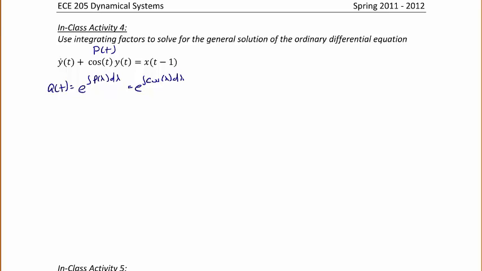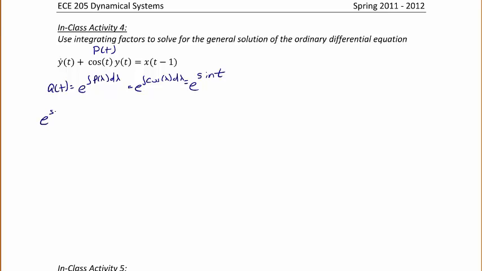The integral of cosine is sine, evaluated from 0 to t. So in this case, our integrating factor is e to the sine of t. So remember, the next step is to multiply the equation left and right side by the integrating factor.